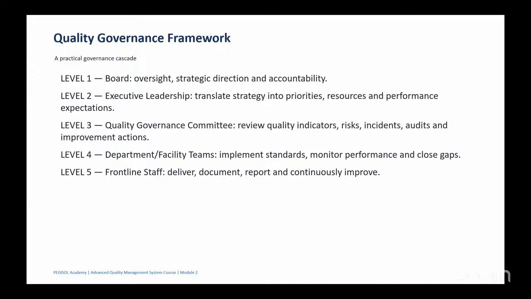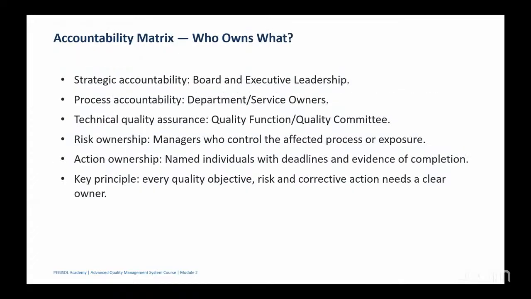These are not the conventional things we hear about QMS, but that's why we call it an advanced quality management system program. Next, we talk about accountability metrics. Who owns what? Strategic accountability is owned by the board and executive management. Process accountability should be owned by the department or the service owner. It could be the facility, maybe the service owner.